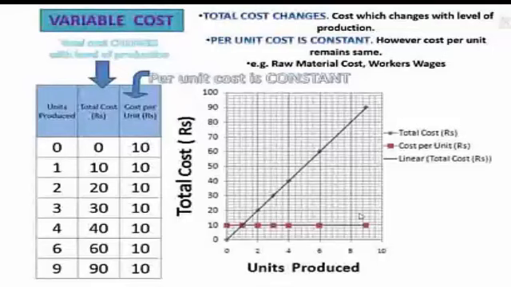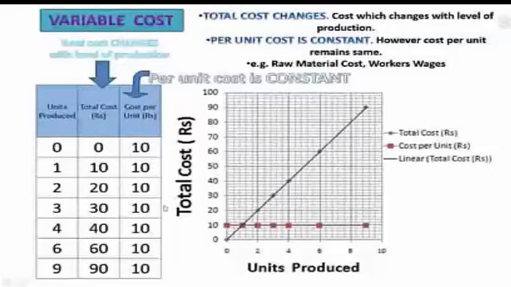Here total cost for 1 unit is 10, for 2 units it is 20. So as the production increases, the cost is increasing exactly in the same proportion. So total cost is a cost which changes with the level of production. Total cost will increase if the production level is increased.